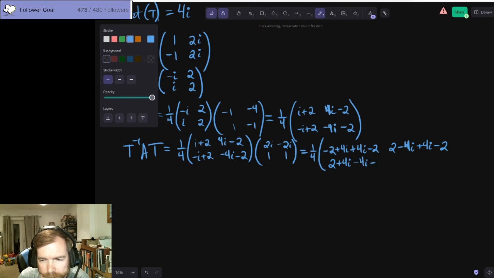Minus 4i minus 2 times r1, you get that. And then the last bottom row, last column, is going to be a negative i plus 2 times a negative 2i. So we end up with a negative 2i times i squared, which is going to be a negative 2.